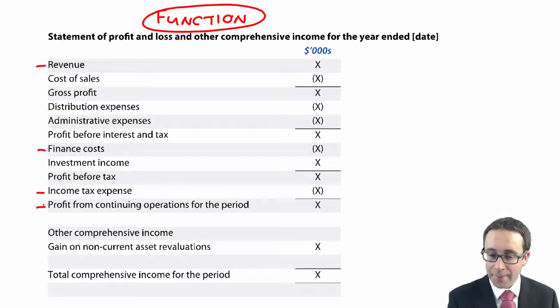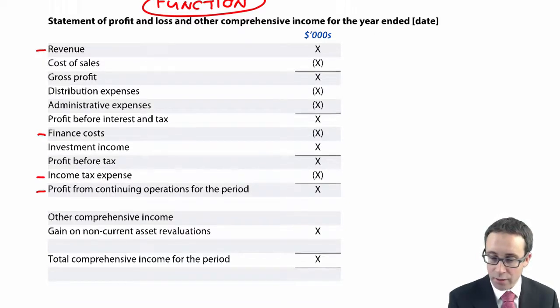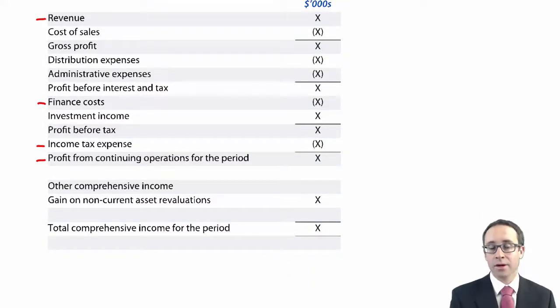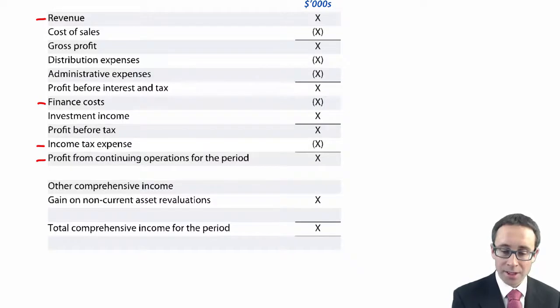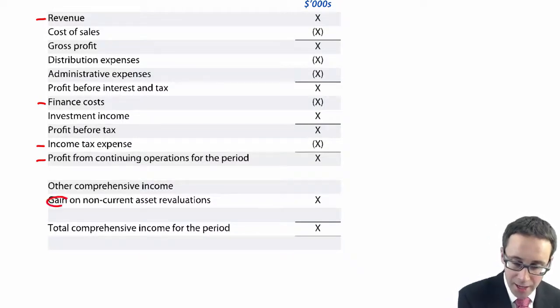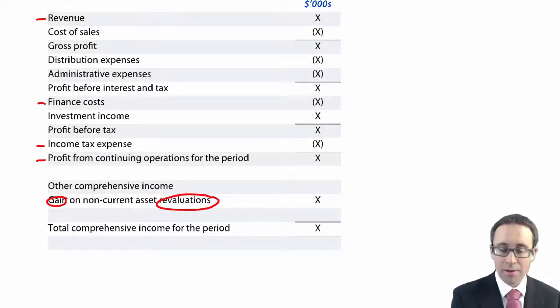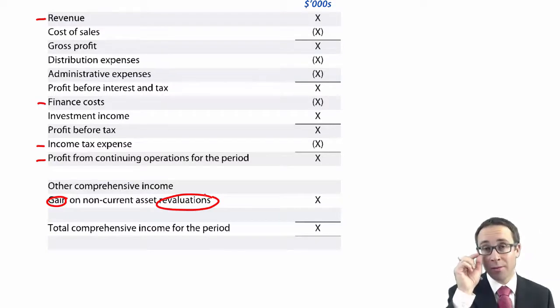Again, moving on, just to look at your other comprehensive income. The only other comprehensive income that we've seen at this moment in time is your gain on revaluation, because things that go in other comprehensive income, your OCI, are unrealized, aren't they? So we've revalued our property upwards. We haven't yet sold it, so we haven't yet realized the gain on sale.